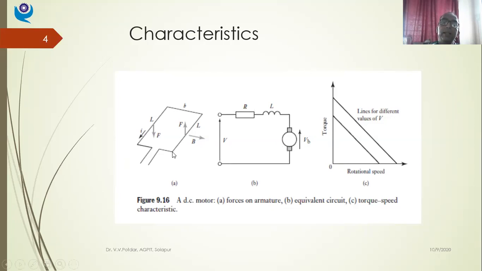As the electromotive force is developed, the current tends to flow in the opposite direction, and it develops a back EMF. This is represented by VB, the back EMF of the motor. And these are the torque speed, or speed torque, characteristics of the brush type DC motors.